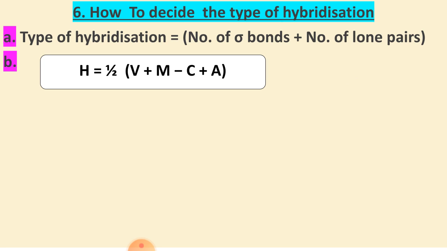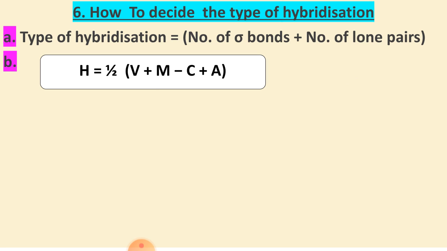That means if you want to know the hybridization of ammonia, the formula of ammonia is NH3. Now you know that ammonia contains one lone pair of electrons on the nitrogen atom. So ammonia forms 3 sigma bonds with the H atoms and has one lone pair on the nitrogen atom. So that means 3 plus 1 is 4. So the hybridization is sp3.